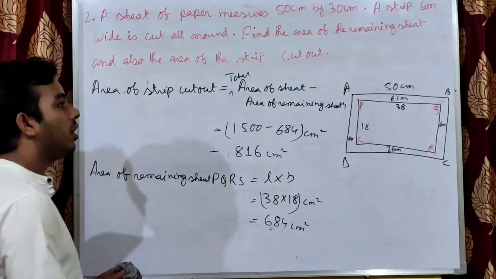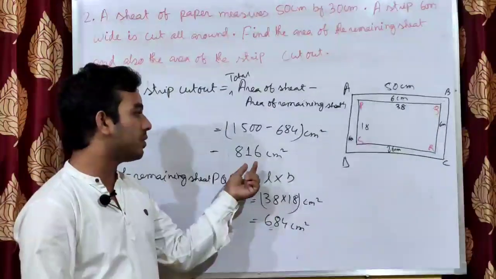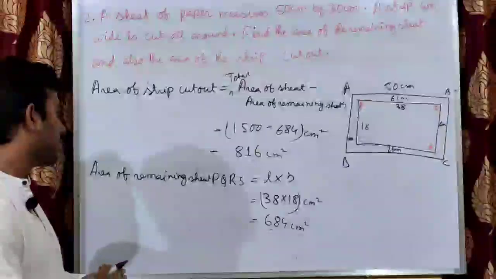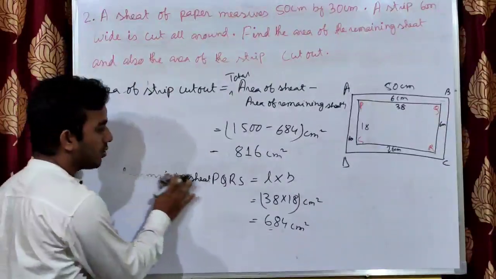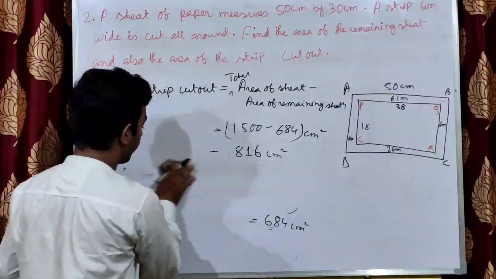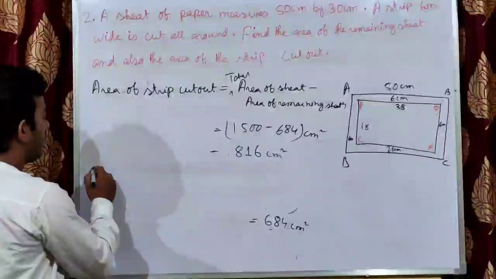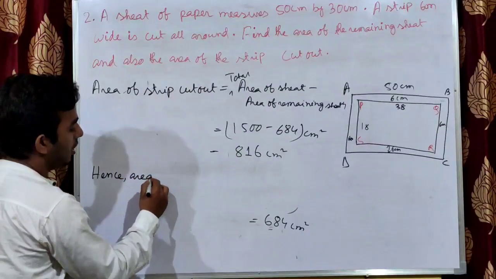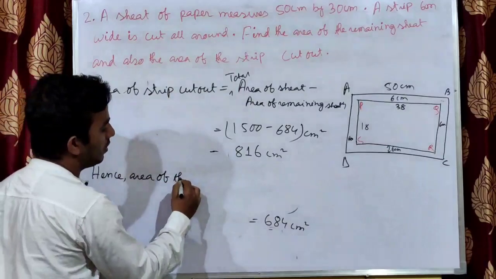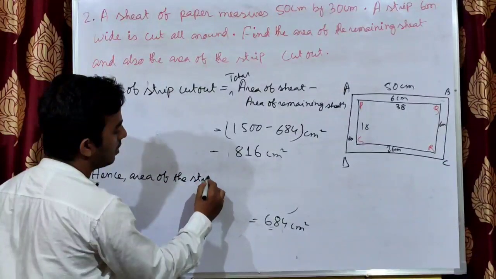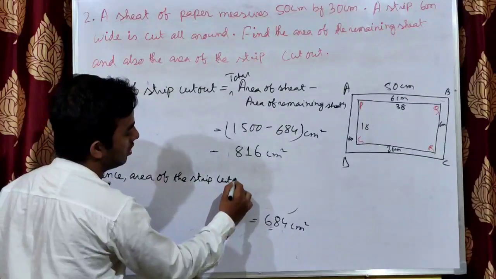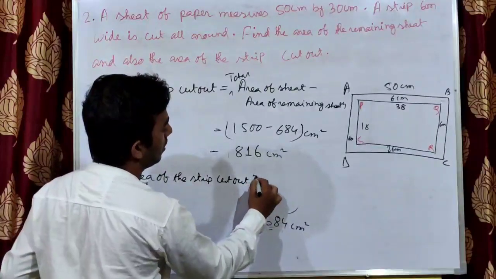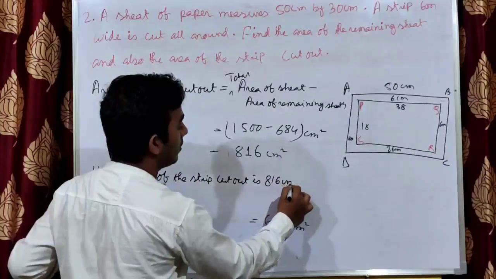That means the area of the strip which we cut out is 816 centimeter square. So we will write, hence the area of the strip cut out is 816 centimeter square.